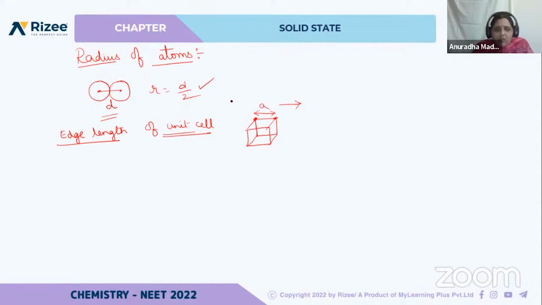So, how can we calculate the radius here? Let's see that one. This is the edge length. If we consider this one, here one atom is present, and here another atom is present.